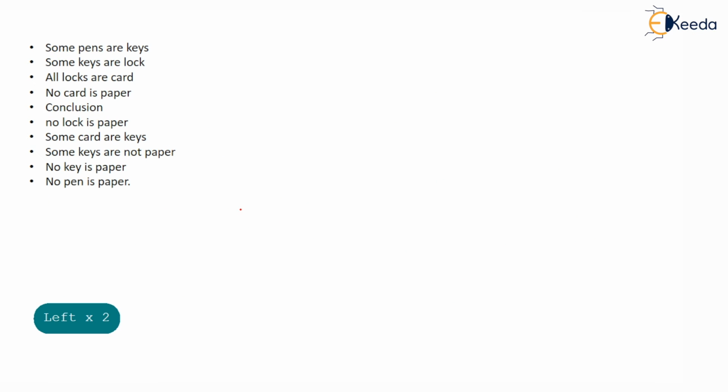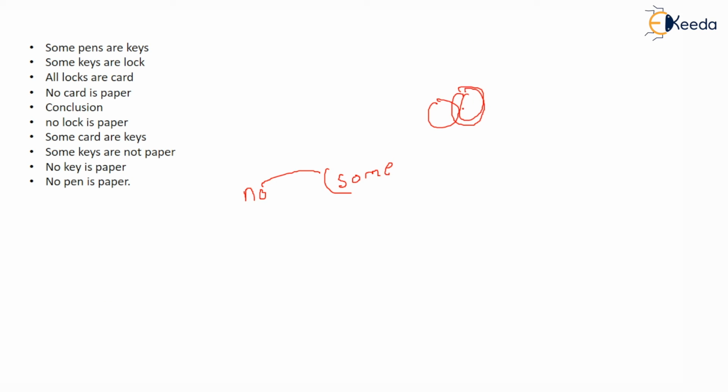Suppose there is a question like no lock is paper. Whenever there is no, you change it to some. So that means some locks are paper. You have to check whether some locks are paper or not, meaning whether some intersection is happening or not. Another case is, after that, some locks are paper. If some is there, you have to check for all locks are paper, right?